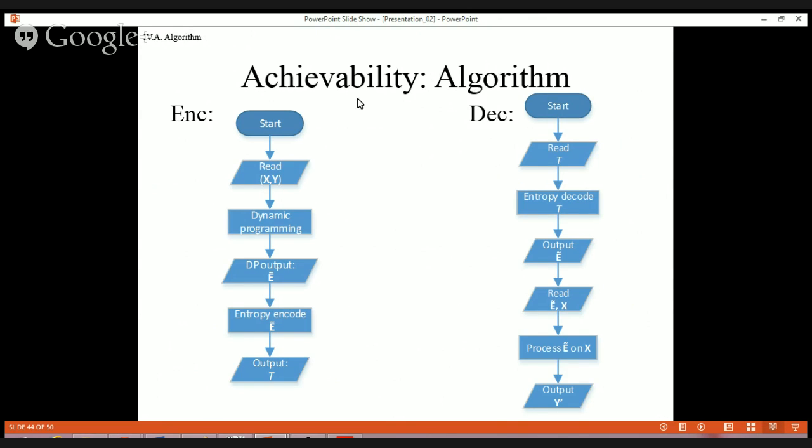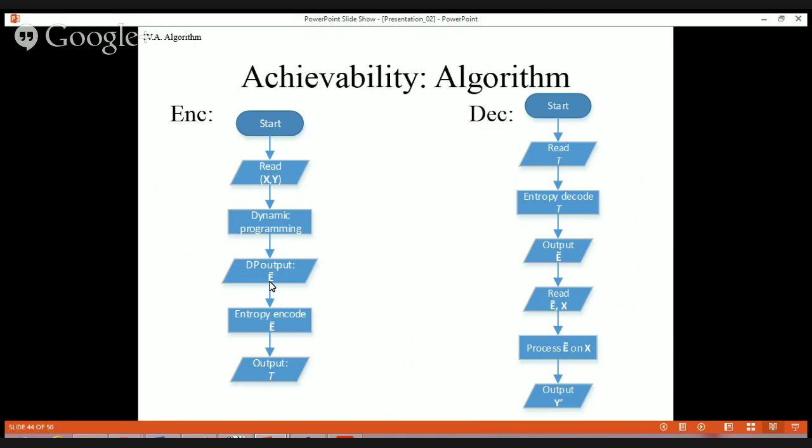Now I'm going to talk about the achievability. The algorithm for the achievability is unified for both the arbitrary model and the random model. So the encoder does the following. The encoder reads the source sequences X and Y and applies dynamic programming.